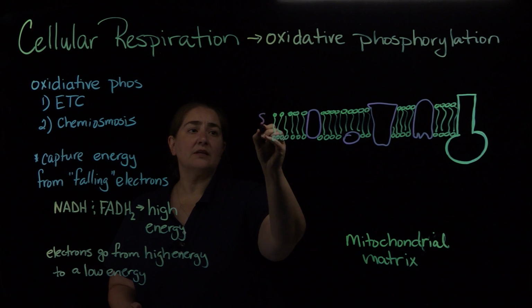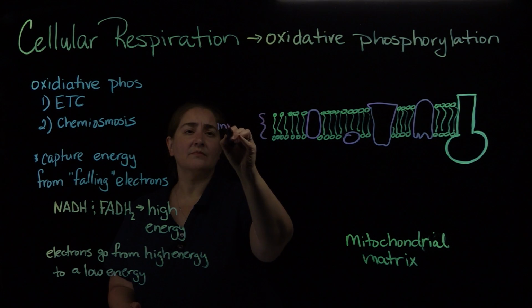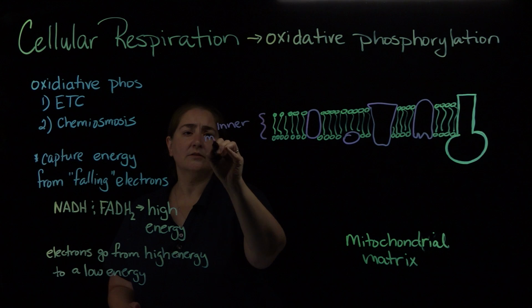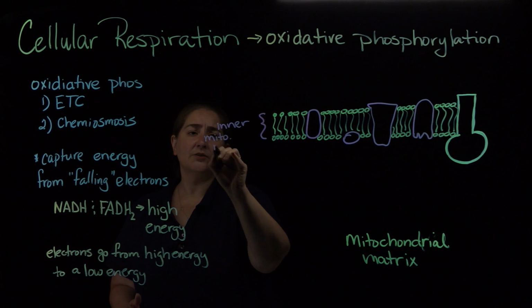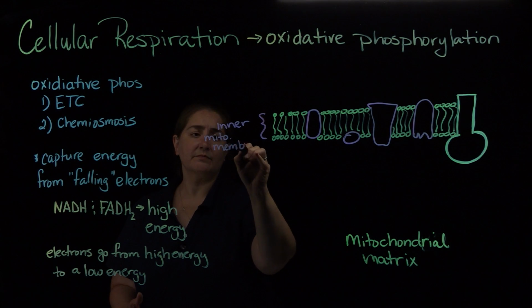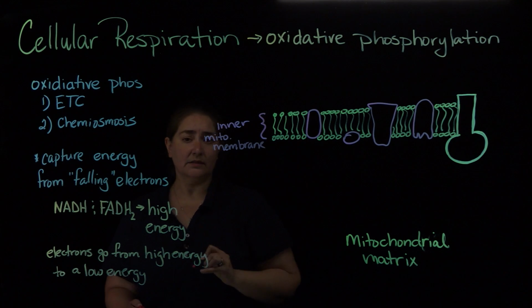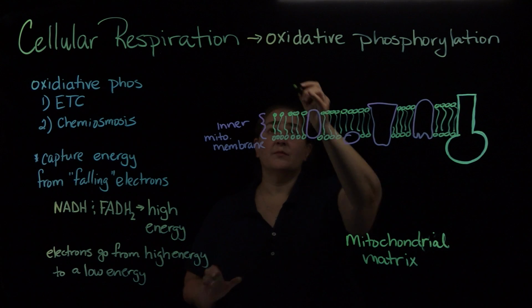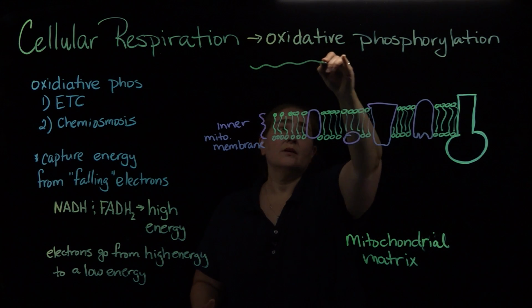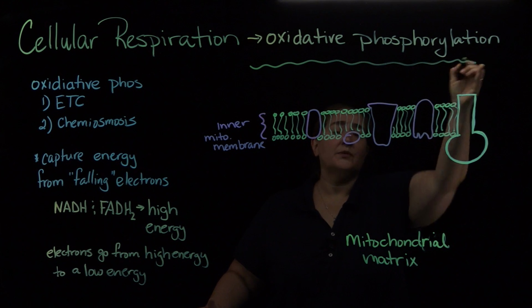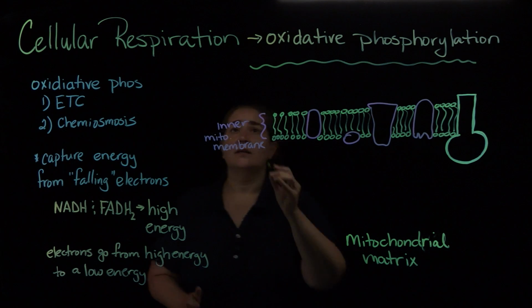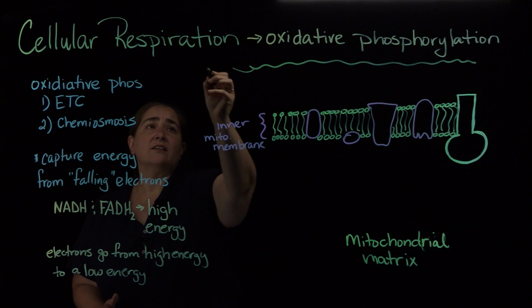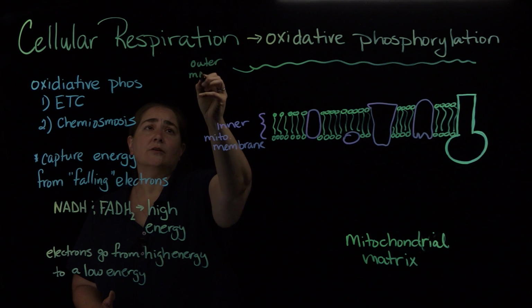This is our inner mitochondrial membrane. I'm not going to draw the membrane itself; I'm going to put it as a wiggly line up here. This green wiggly line is going to be our outer mitochondrial membrane.